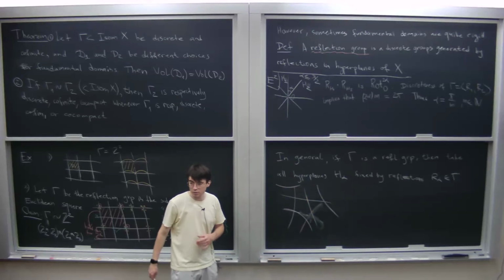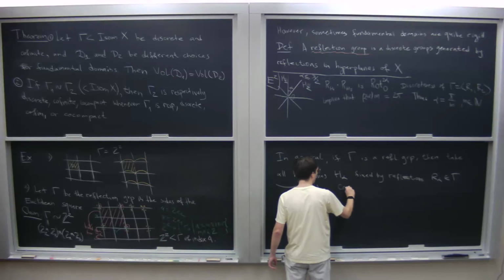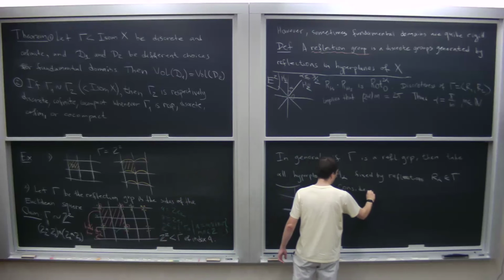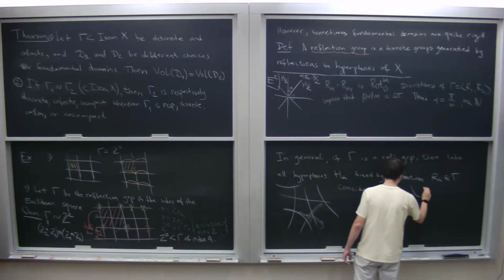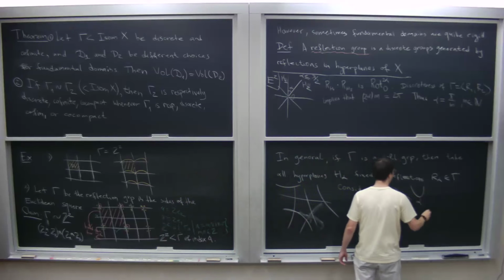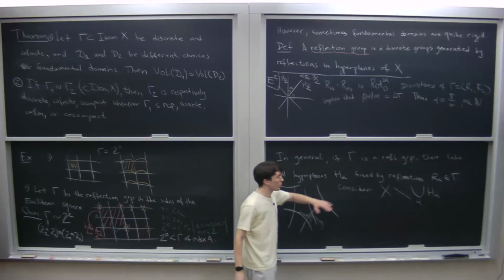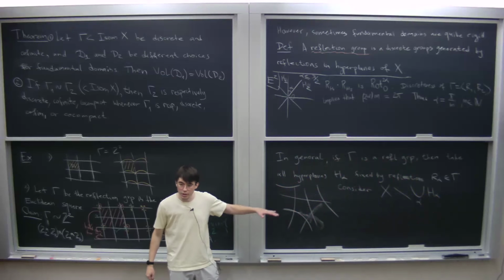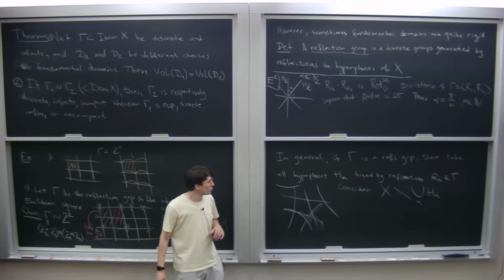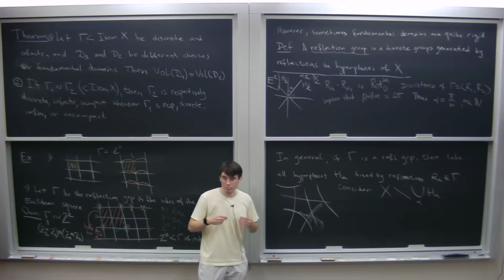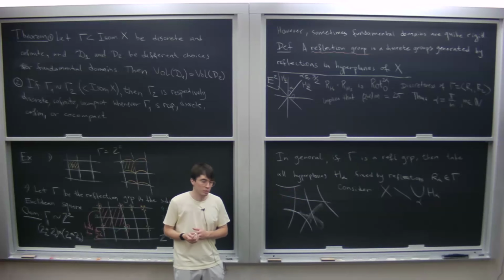I then consider X minus the union over all alpha of H_alpha, right? The hyperplanes are fixed, so we know that they belong to the boundary of my fundamental domain. The fixed points of non-trivial stabilizers can only be boundary points of my fundamental domains.